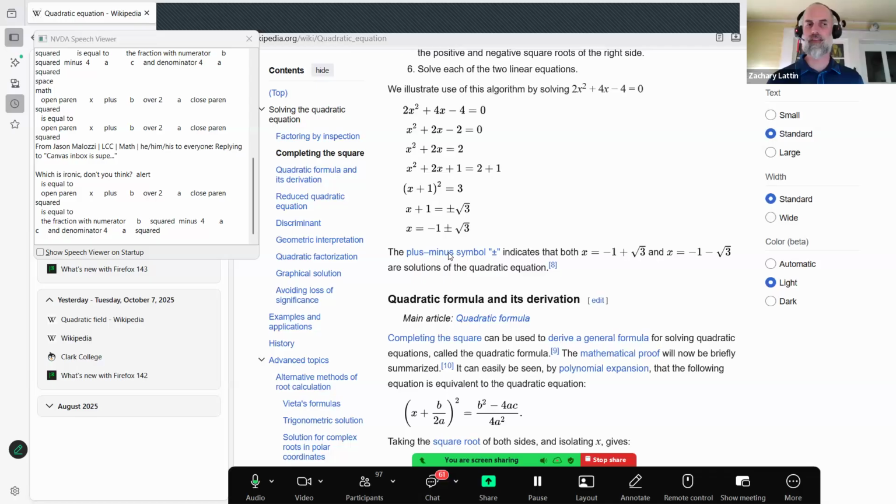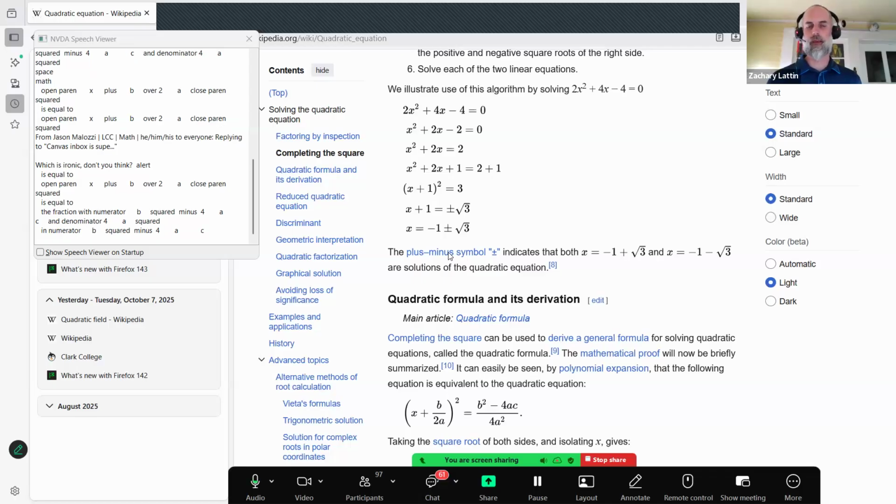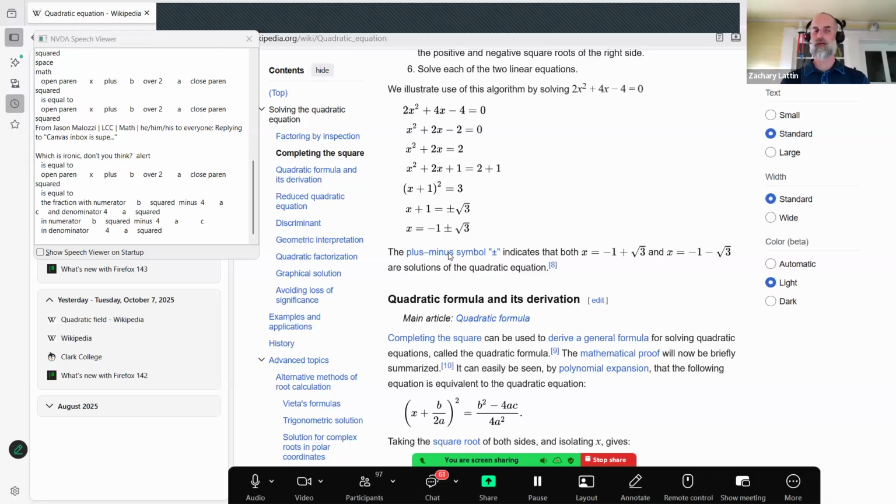I can zoom into this fraction. In numerator, b. And I can hear squared minus 4ac. I can hear in numerator b squared minus 4ac. In denominator 4a squared. And there's 4a squared in the denominator. End of math.